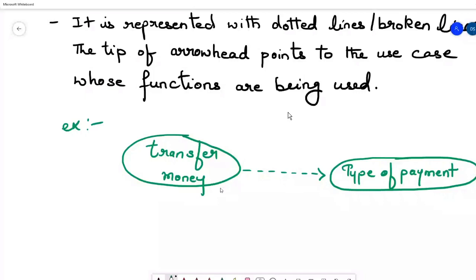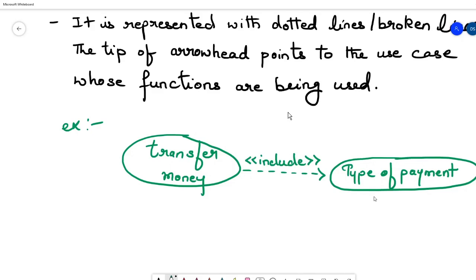So for type of payment, here we can write include. That means the transfer process is using the function of the payment use case, which describes the types of payments available, which can be used by the person.